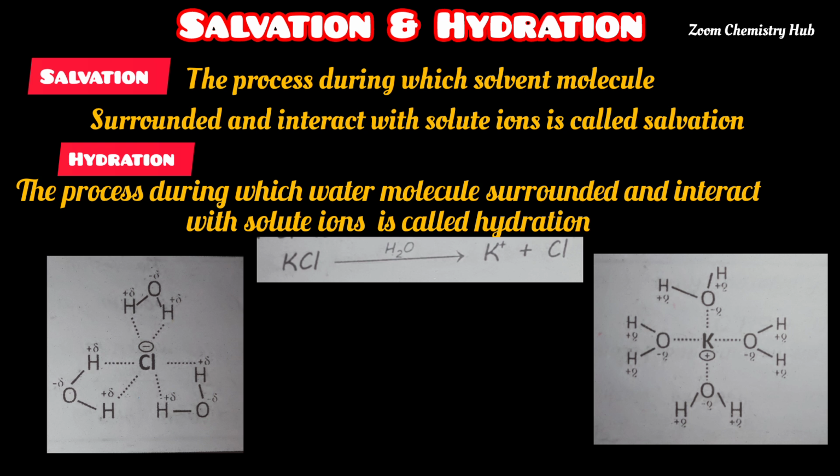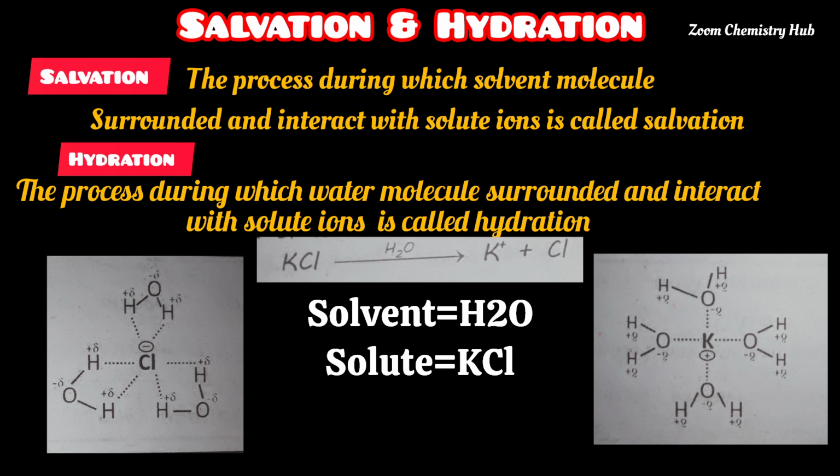This is called solvation. We have the solvent as water, and the solute is the ionic salt, that is potassium chloride. Then the potassium chloride will ionize in water into potassium ion and chloride ion, as you can see in the equation.